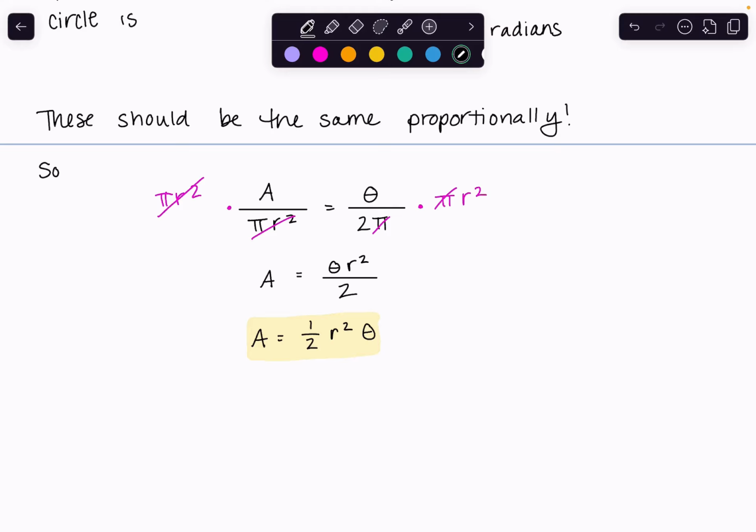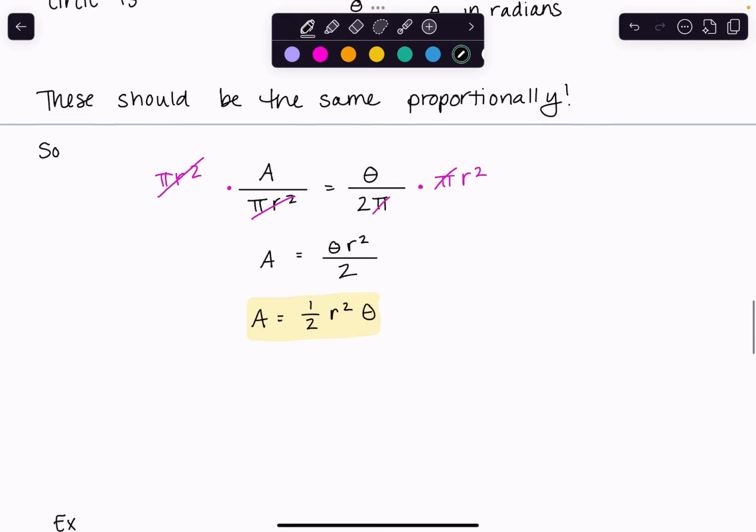Those are the more common thing we use instead of degrees. But ultimately here, the area of a sector is 1/2 r squared theta, where theta is measured in radians.